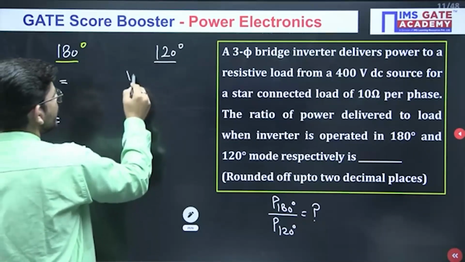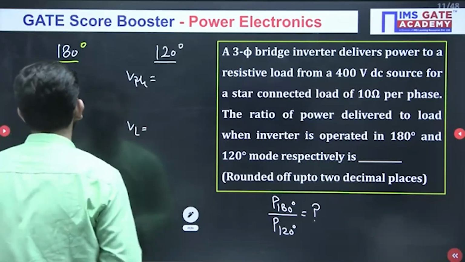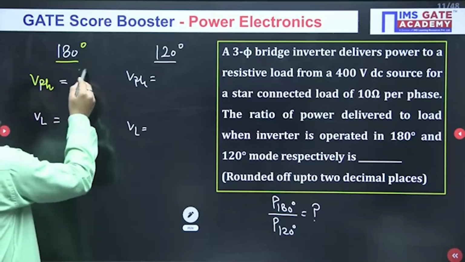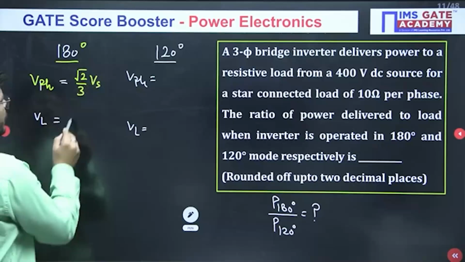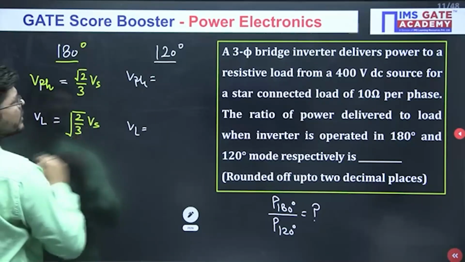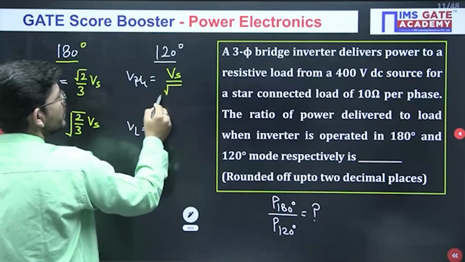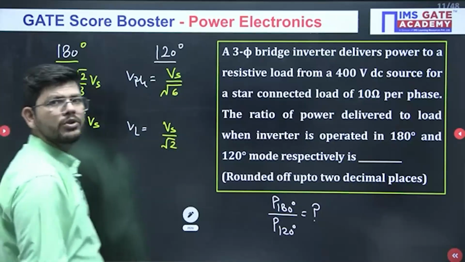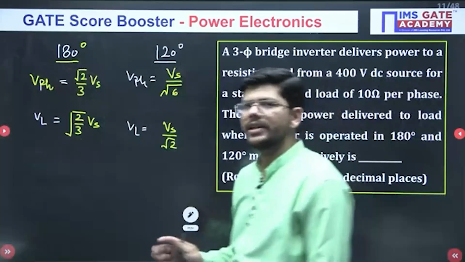In 180 degree, the phase voltage is root 2 by 3 times the source voltage, and the line voltage is under root 2 by 3 times Vs. In the 120 degree inverter, the phase voltage is Vs upon root 6, and the line voltage is Vs upon root 2. So these values you should know. You have to practice to know these values.